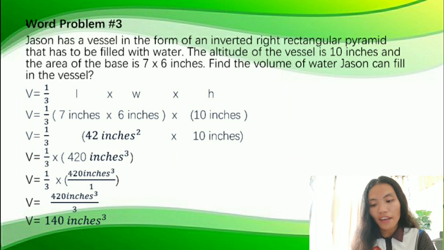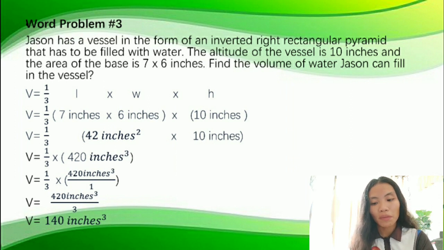Again, let's proceed to another step. Volume is equal to 1/3 times 420 inches cubed. It is a whole number, so it can't be divided or multiplied by a fraction directly. So we need to put the number 1 under the denominator of 420 inches cubed. So it becomes 1/3 times 420 inches cubed over 1.